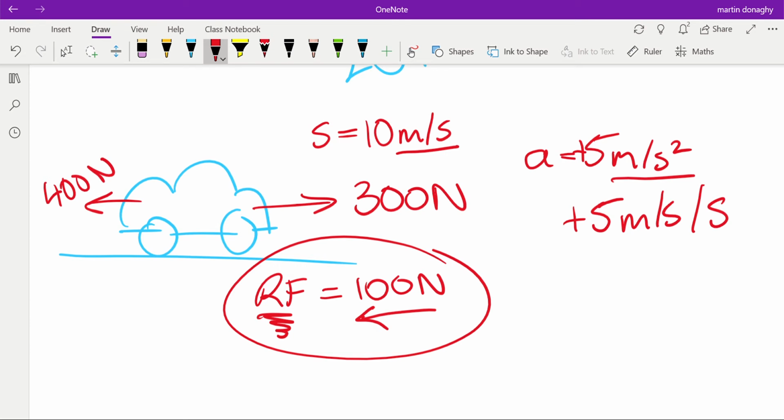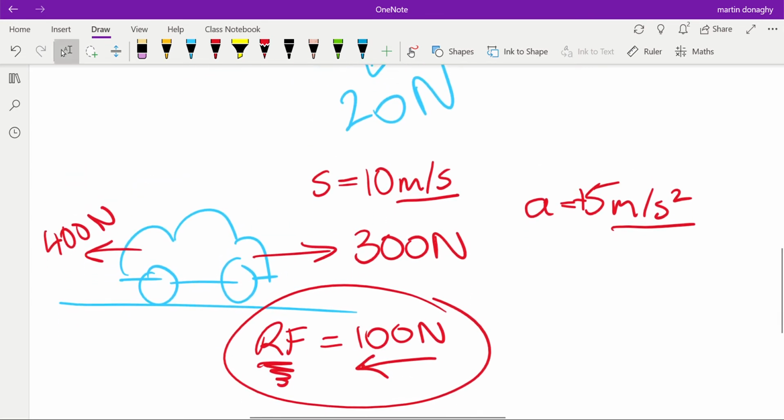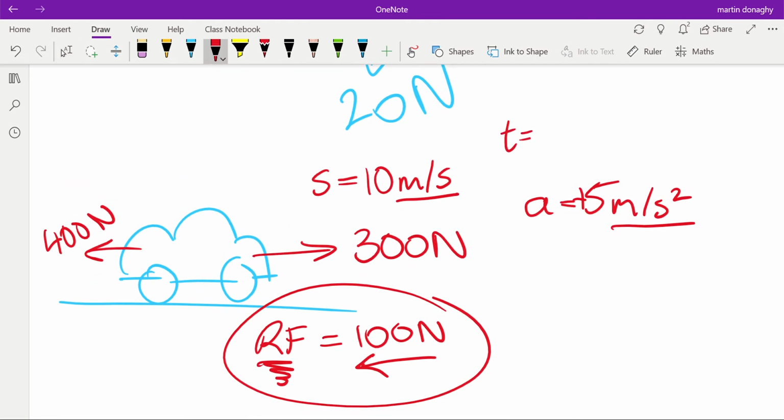So in this example, if the car was traveling at 10 meters per second and we have an acceleration of 5 meters per second squared, that means after 1 second, so when the time is 1 second after the start, it was doing 10 meters per second at the start, then its speed would have increased to 15 meters per second.